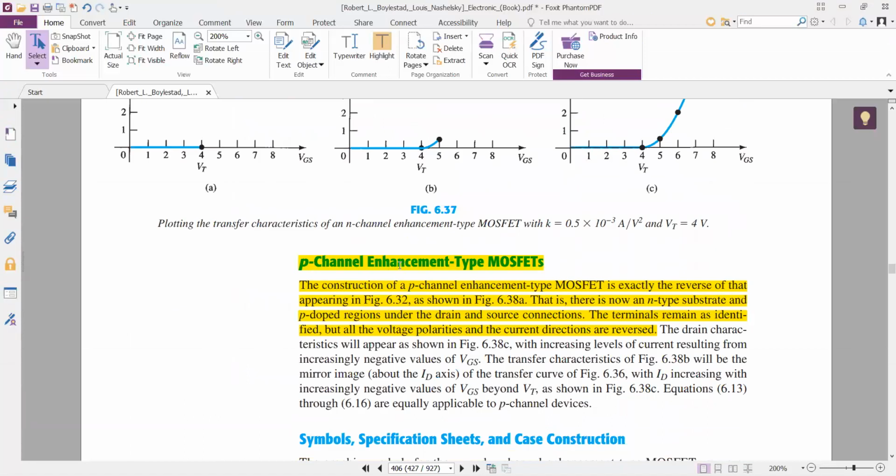So the P channel enhancement type MOSFET has the same working and construction.